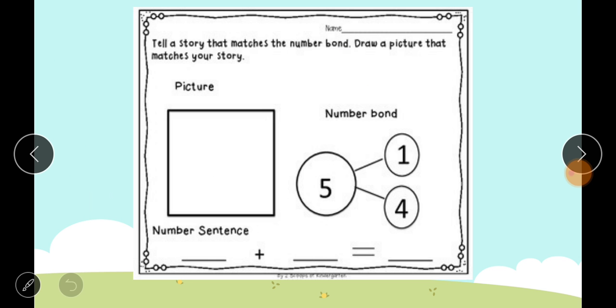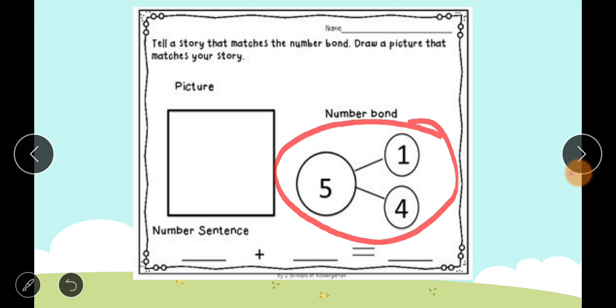Let's move forward. Now tell a story that matches the number bond. This number bond here, this is 5, and then you have 1 and 4. This is whole, parts, parts.